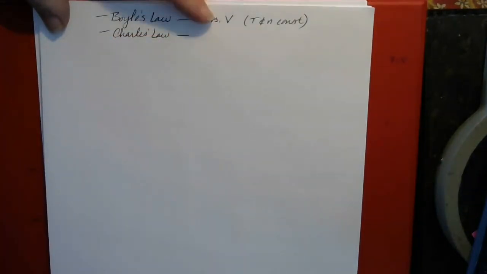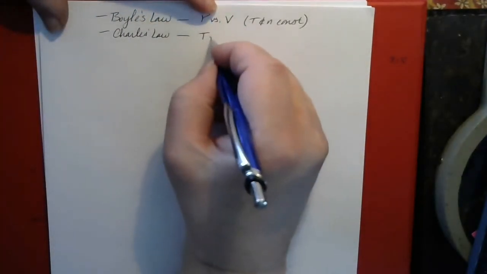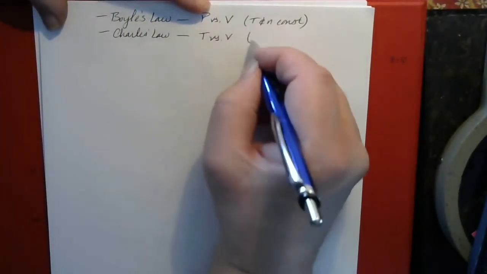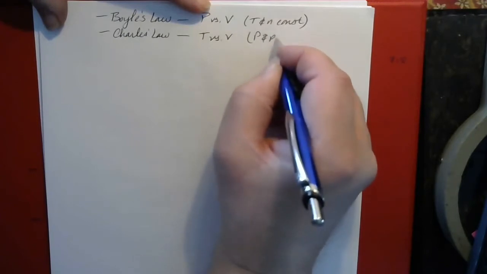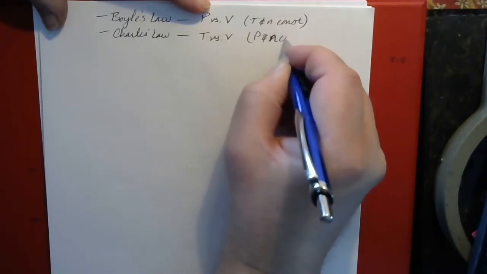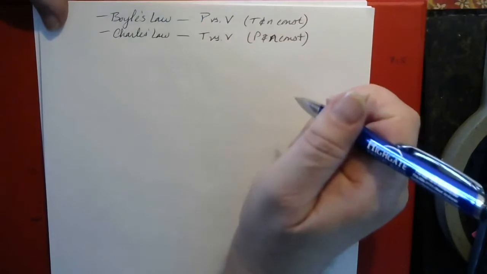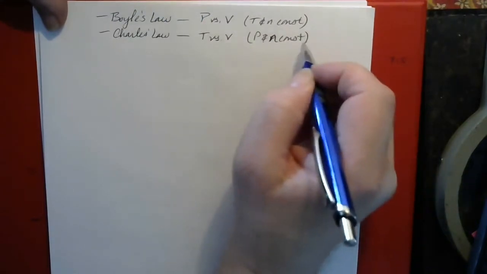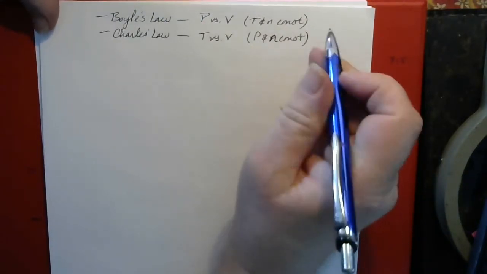Then there's Charles' law, which is temperature versus volume. And that's when pressure and number of moles are kept constant.